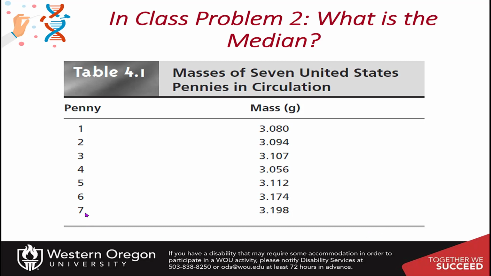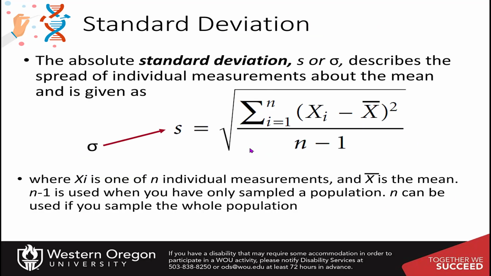Divide that by 7 minus 1, which would be 6, and then you would take the square root of that number. You are going to love Excel during this class, because Excel can do the standard deviations for you very quickly, and we'll get some practice setting that up.